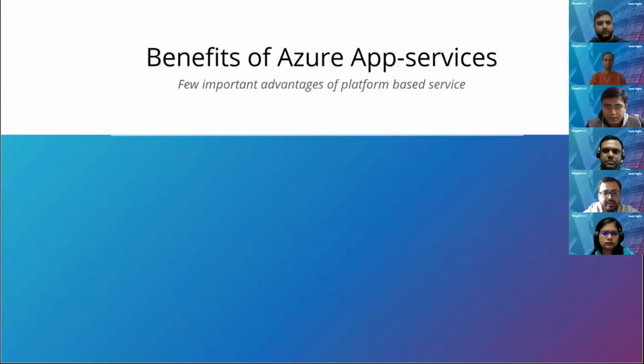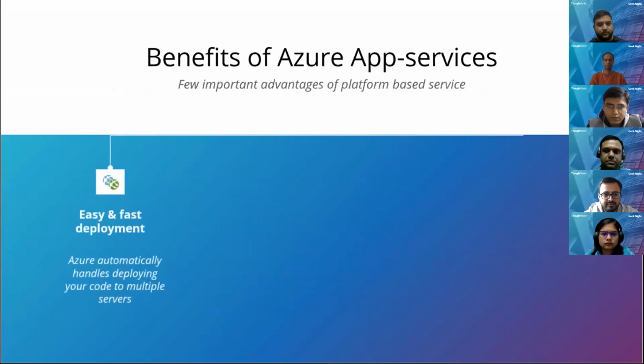Let us quickly see a few of the benefits of Azure App Services. It ensures very easy and fast deployment, where Azure handles the deployment of your application to multiple servers at the same time.